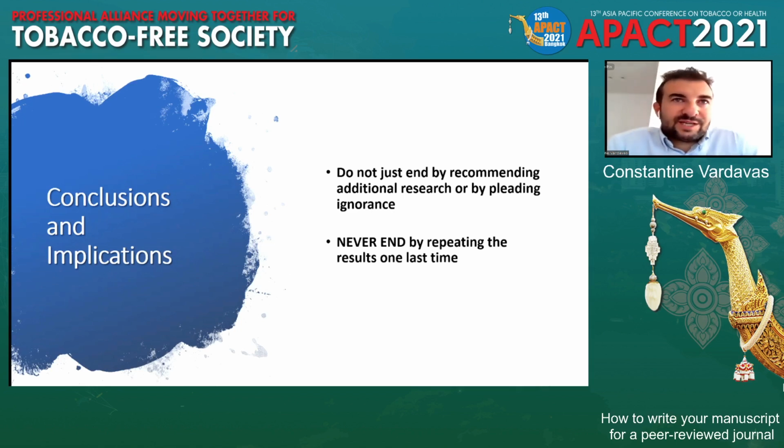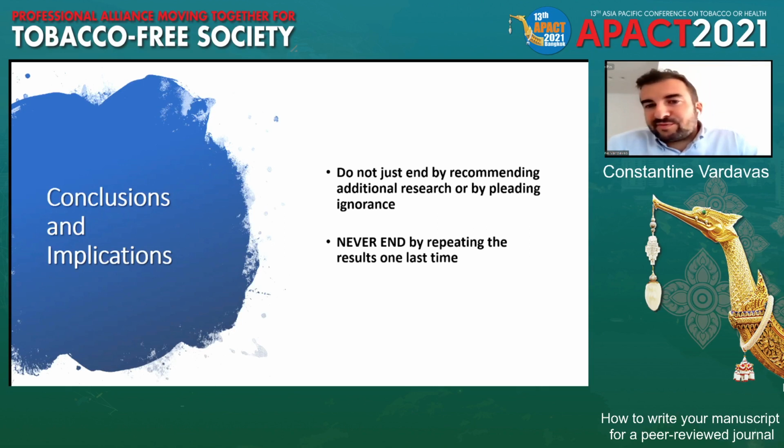So if you're doing a population-based study that's looking at exposure to secondhand smoke in a community setting, then it's logical that your conclusions would be about exposure to secondhand smoke in a community setting. You can't have conclusions that say, okay, then we need to stop the experimentation with new tobacco products or e-cigarettes, or we need to implement a randomized controlled trial of smoking cessation.